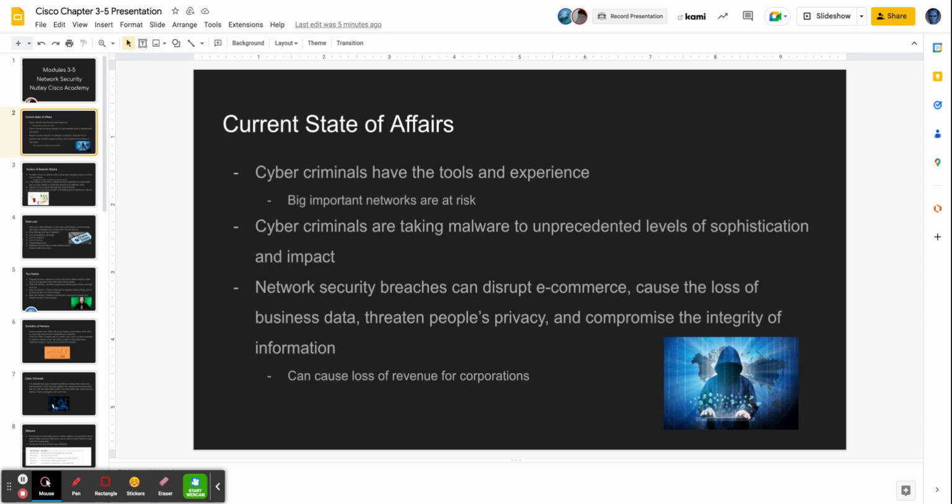Cybercriminals are deploying malware at unprecedented levels and are making such big impacts on major corporations that network security is becoming the forefront of what they're trying to accomplish, because they need to protect their information. Network security breaches can disrupt a ton of different things. It can make a business lose their data and can threaten people's privacy in their company. So they need to put protective walls in place to make sure that this doesn't happen.